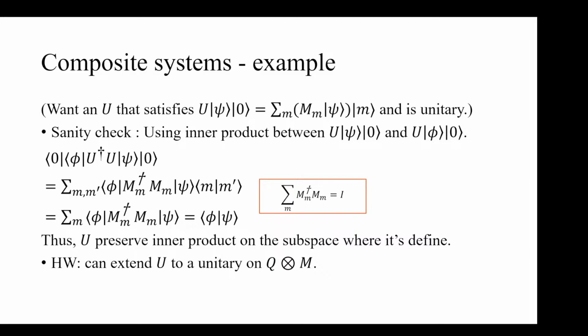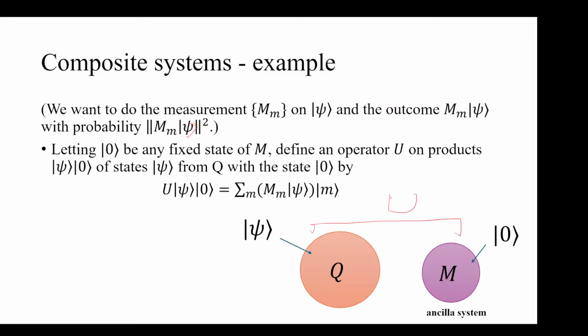U should satisfy this equation: U on the initial state psi tensor 0 equals the sum over small m of M_m psi tensor m. You see that this is usually a very entangled state, summed over all the different small m, where the summation is over all possible outcomes.